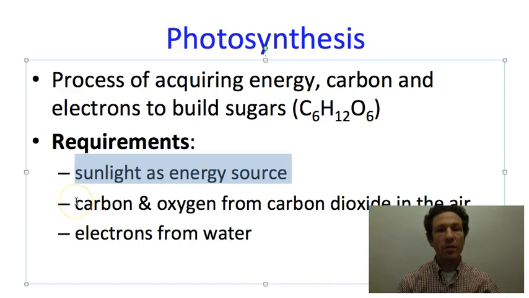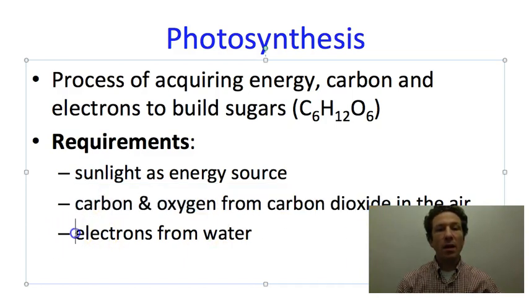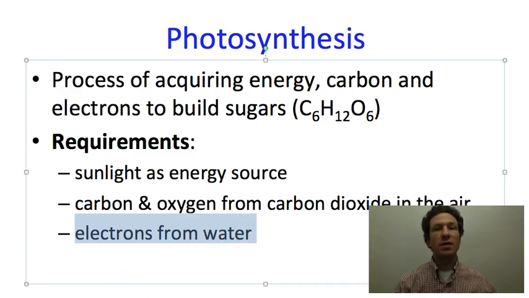Second, there are some chemical ingredients. These include carbon and oxygen. These will both come from carbon dioxide, which has both, and this occurs as a gas in the air. Finally, photosynthesis requires a source of electrons, and these are going to get pulled off of water molecules. Some protons from water molecules will also be used in the process.